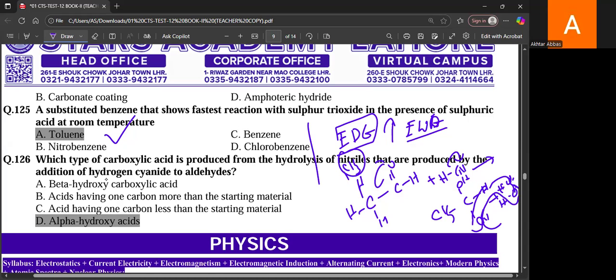So we can say that the final product is CH3CH(OH)C double bond OH. This carbon is called alpha, and it contains a hydroxyl group. It is also called lactic acid. So we can say that alpha hydroxy acids are produced when hydrogen cyanide is added to aldehydes. So your best option is delta.